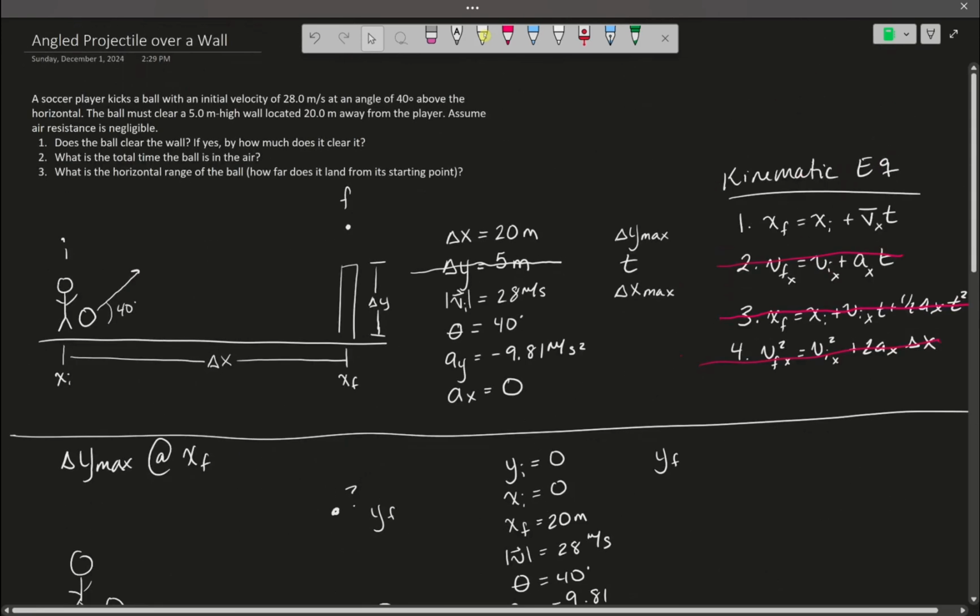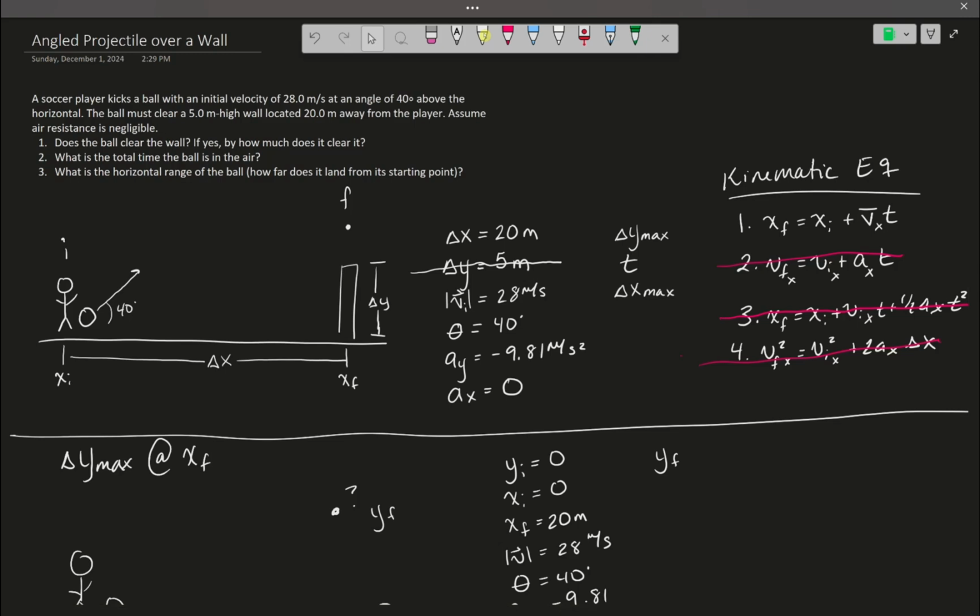Part 1. The next thing it wants us to do is to figure out the total time that the ball is in the air. Well, the problem is that I don't know if it's at its maximum height when it's above this wall, or if it's rising or falling. I don't know how far it actually travels.